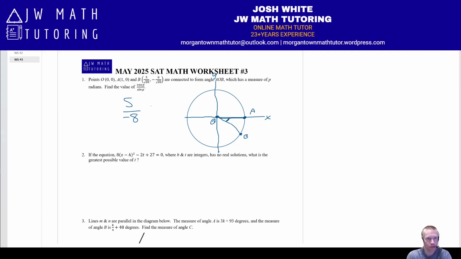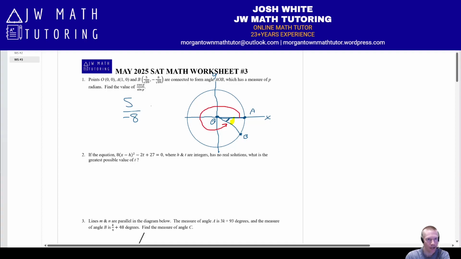Okay, the problem is, though, technically when you're dealing with a unit circle, we're dealing with an angle that starts here and would be going all the way around. In other words, you're talking about, in this case, a quadrant 4 angle, an angle that is between 3 pi over 2 and 2 pi radians. However, the actual angle we're dealing with is this small angle right here, which is less than pi over 2 radians, i.e. less than 90 degrees.